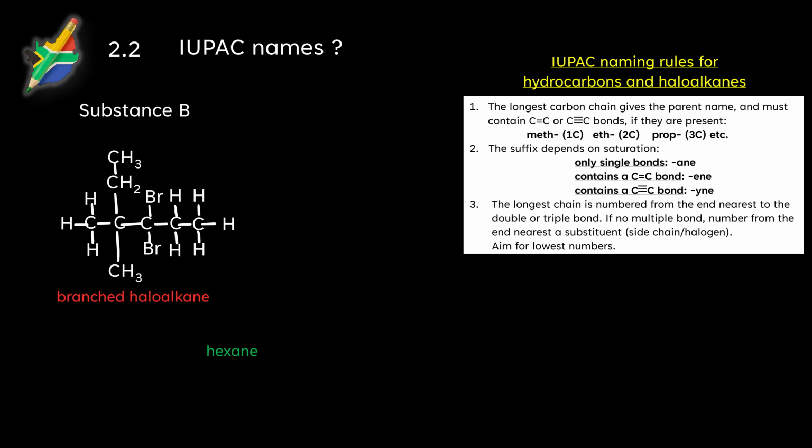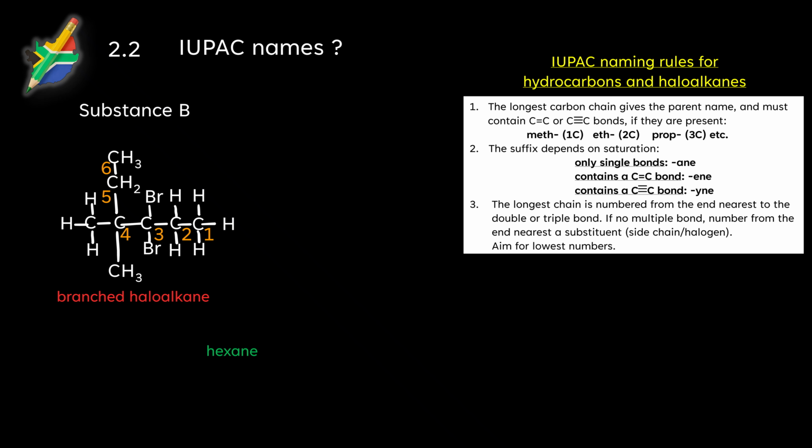Then the longest chain is numbered from the end closest to the double or triple bond. But if no multiple bond exists, we number from the end closest to a substituent, and we aim for the lowest numbers. We will not number the longest chain like this, as the bromines will then be on carbon 4.